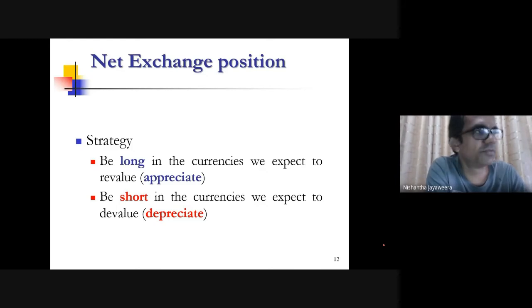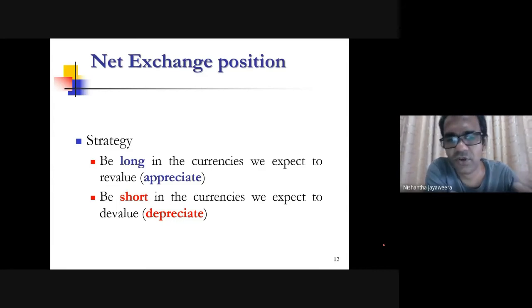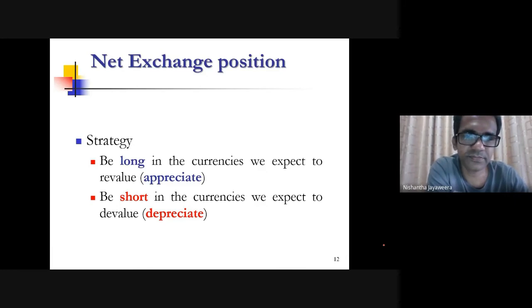But on the other hand, if you think foreign currency will depreciate in the future, you try to maintain a short position in the foreign currency. You sell the foreign currency at a higher rate and try to buy it back when it goes low. Then you make a profit.